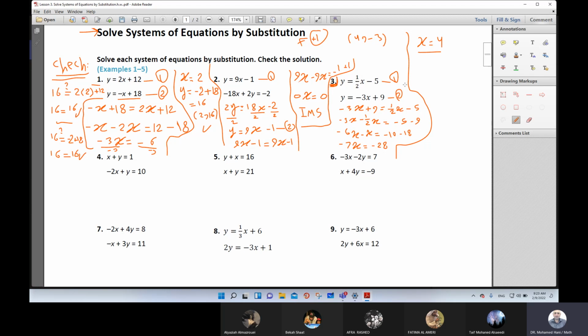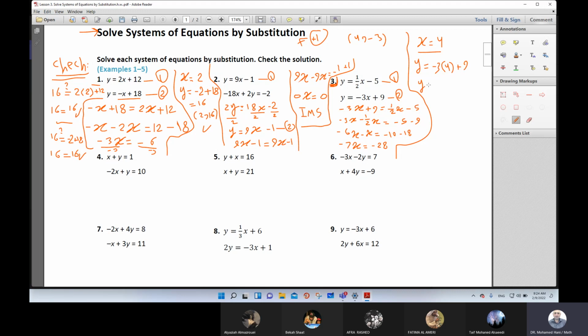We want to solve for the value of y. You can substitute in the first equation or in the second equation, the same idea. So for an easy way, substitute in the second equation. y equal -3x plus 9, multiplied by the value of x, which is 4, plus 9.